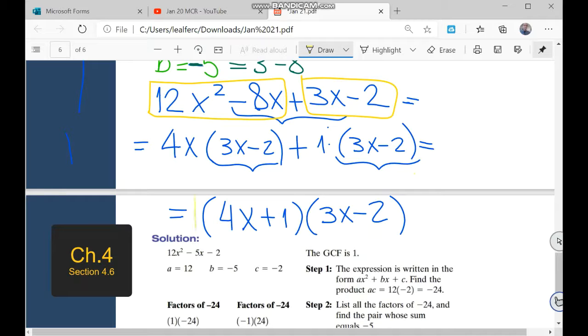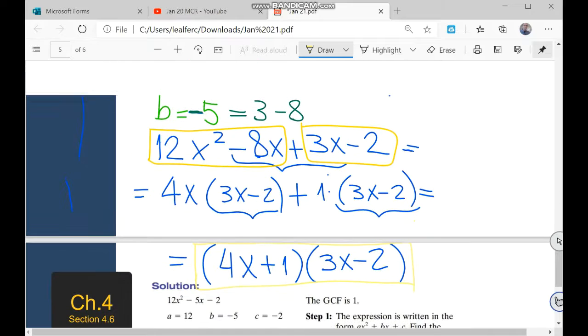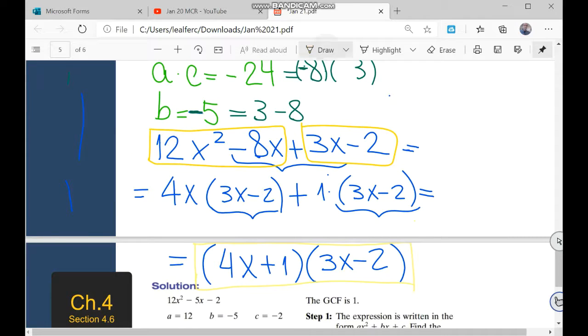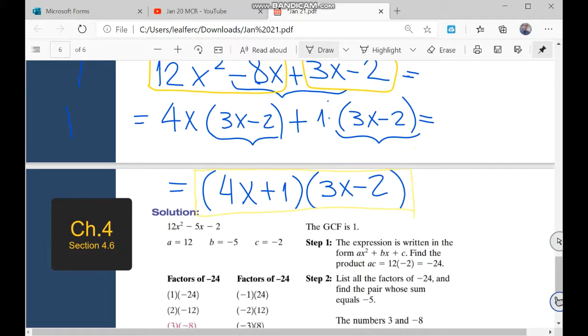Let me know if you understood, and if you are a little bit confused, that's not a problem, because we're going to practice. This method is not straightforward. I agree with you, because you have to guess numbers, you have to rewrite. It's not something so simple. But we need to practice.